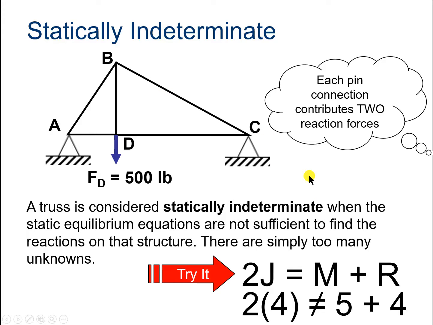That's the way I think of a statically indeterminate situation, and it seems like a good analogy here. We'll find out that these pinned supports don't allow this bridge to do anything. It's completely pinned, so we can't analyze any of the forces in the members.